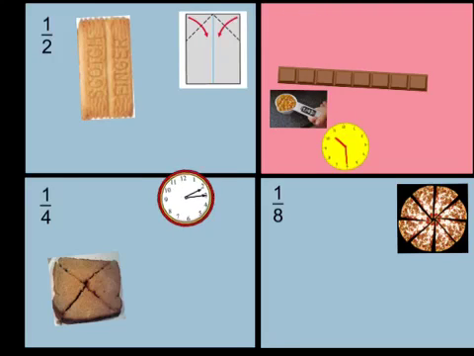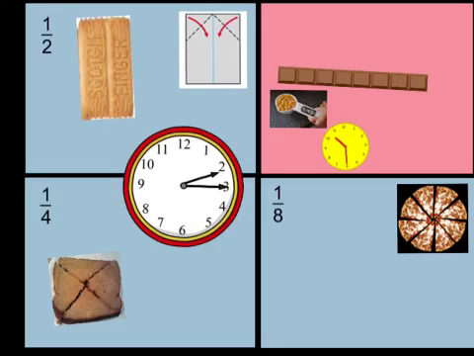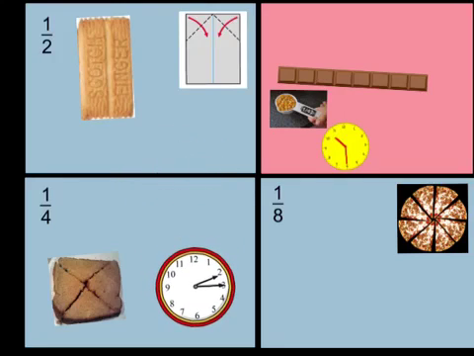One of the clocks. Let's look at the red one first. Remember we talked about how far around the clock the minute hand had gone. In this clock, it hasn't gone all the way around. How far around has it gone? That will give you a clue. Well, it's gone a quarter of an hour around, so it belongs with the quarters.